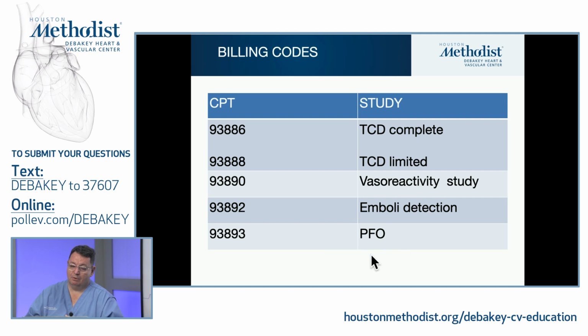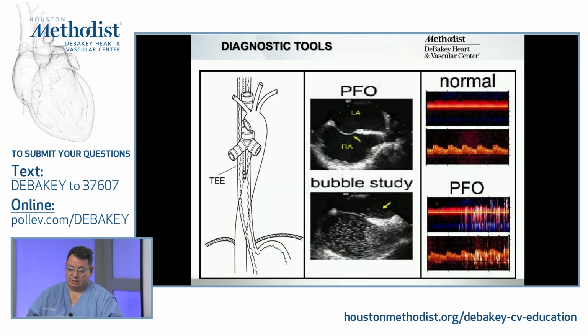my PFO CPT code. Usually you can combine that with the diagnostic TCD, so we wouldn't start with just the PFO, because you really would like to see the intracranial circulation first, and then you do the bubble study as your second study. And why we like our bubble study so much, and I think this is where we are kind of fighting with our cardiology friends, is that the 2D echo pictures are basically 2D pictures.